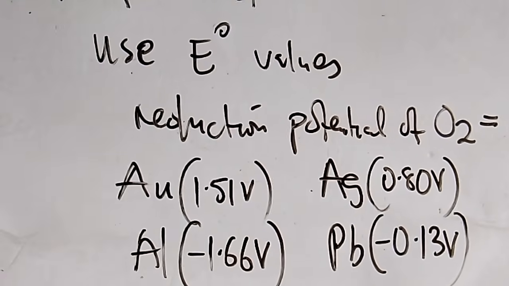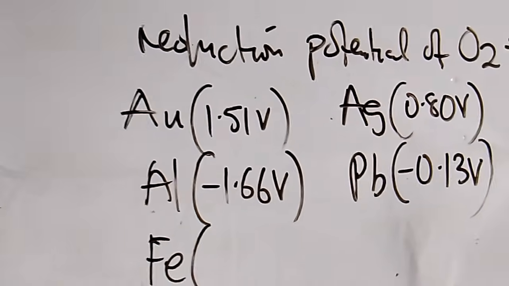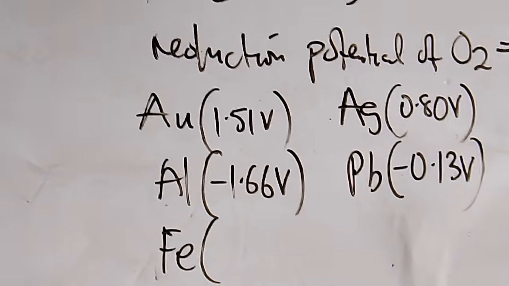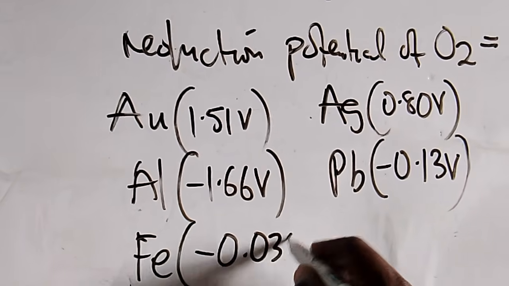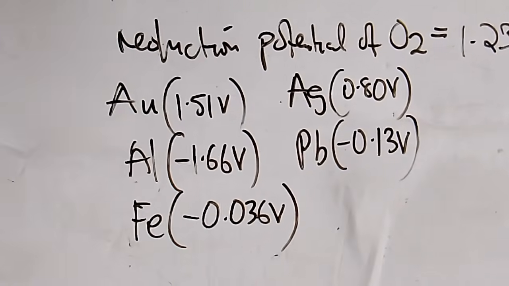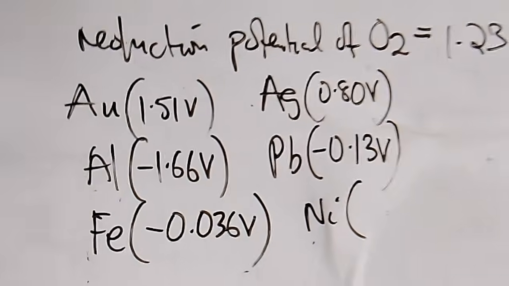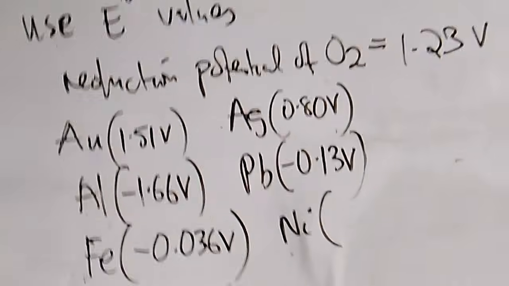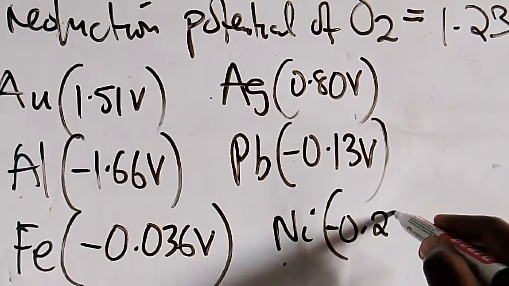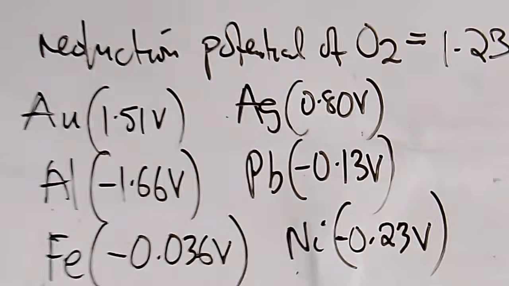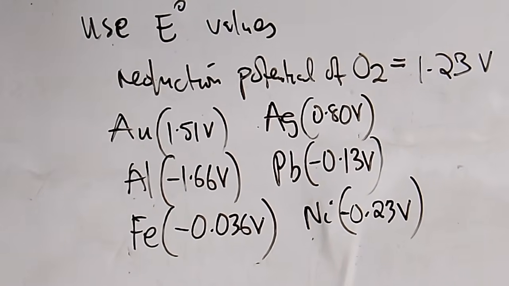Okay, then for iron is negative 0.0036 volts. Okay, we also have nickel, which is negative 0.23 volts. Okay, so these are the reduction potentials of these metals.